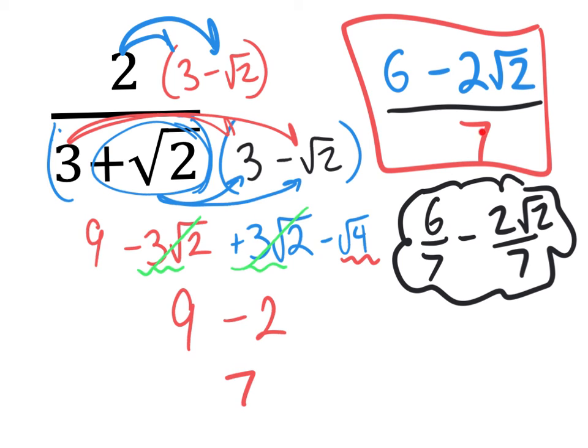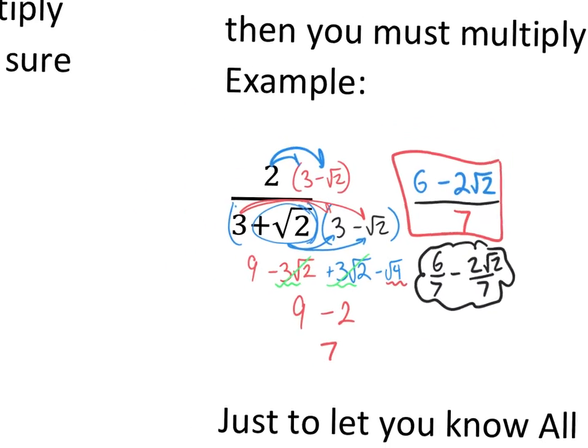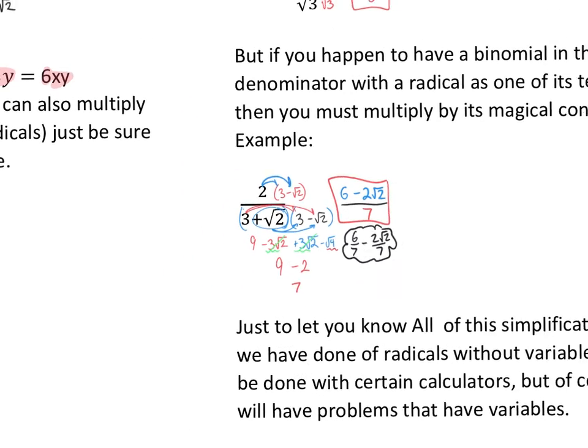So for example, if this 7 would have been a 2, then yeah, for sure, put it on both. 6 divided by 2 would give me the answer 3. 2 divided by 2 would be 1. So your final answer would be 3 minus the square root of 2. That's the only time I would actually split it. But I'm letting you know they might split it even though you can't reduce it any further or simplify it any further. So with that said, ladies and gentlemen, we have finished our lesson.